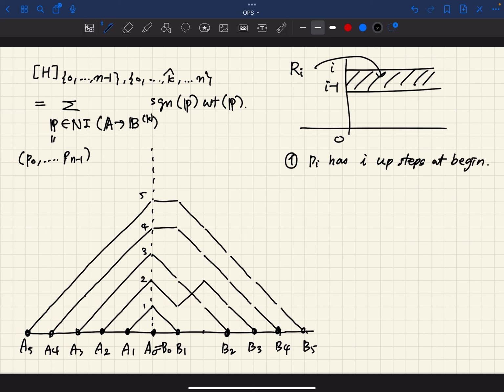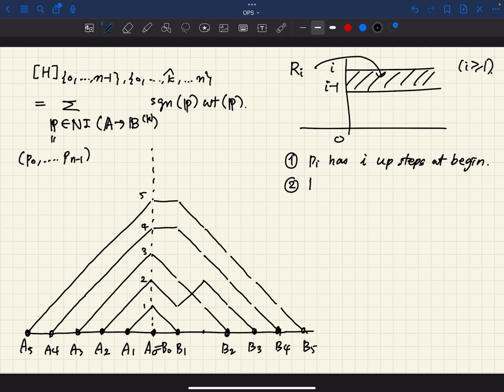At the beginning, okay? These are all fixed. And second, now most of the time we will look at this part, R_i, where i is greater than or equal to 1.